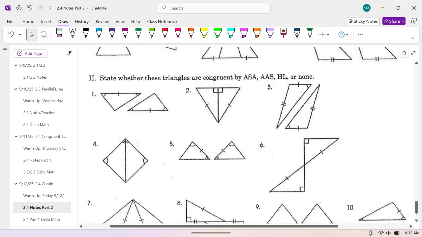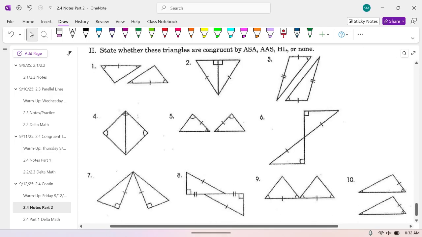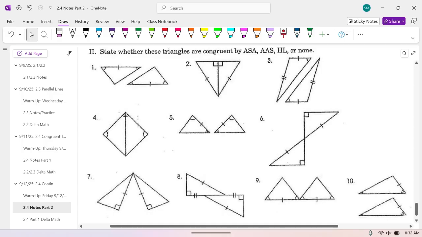Let's do one more. Look at part 2, number 2. What do you think? So yes, they're congruent, but by what postulate?